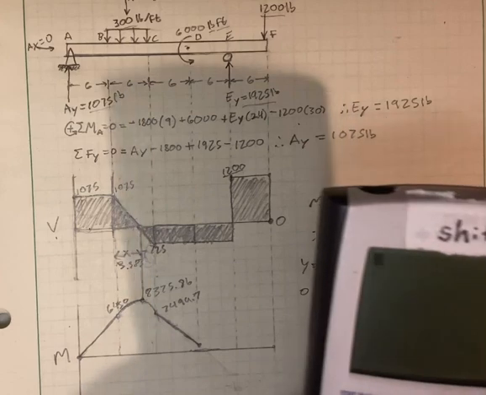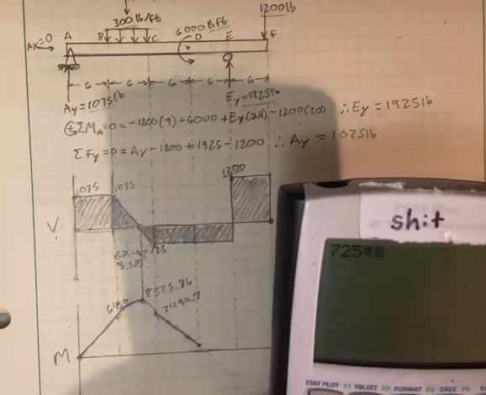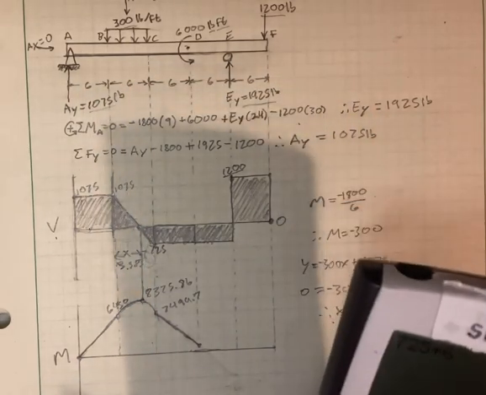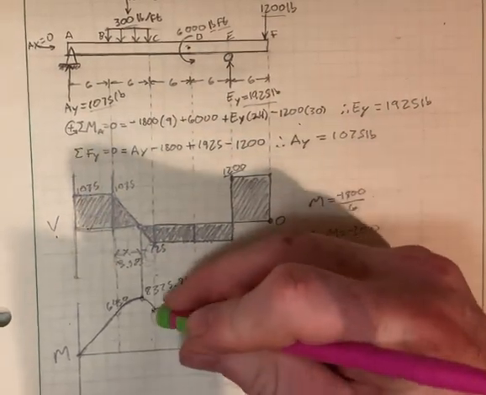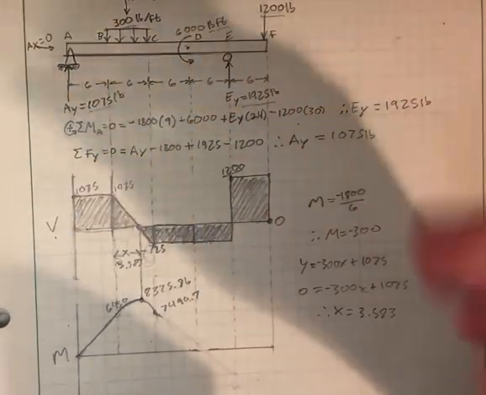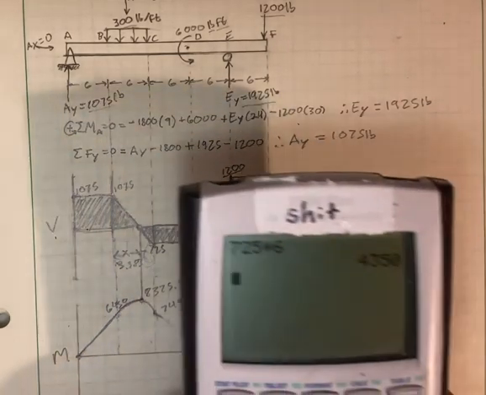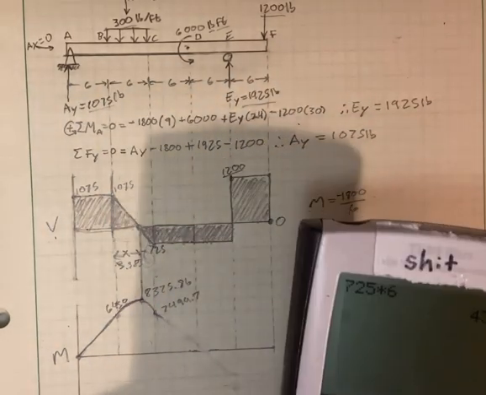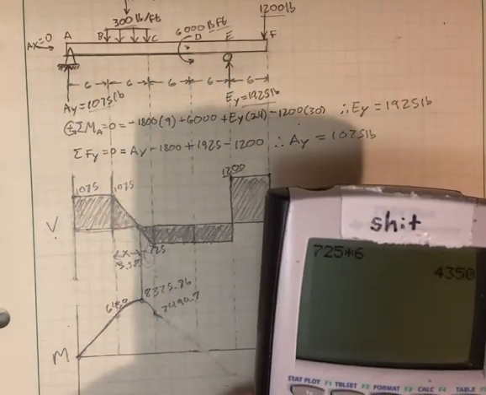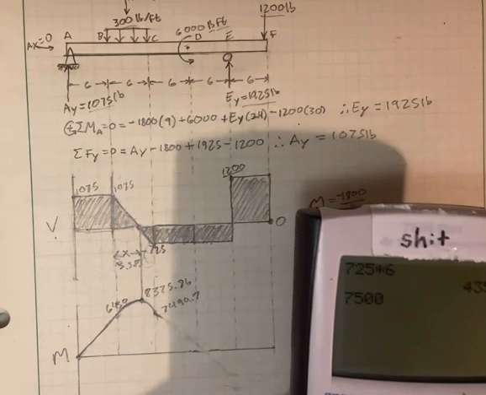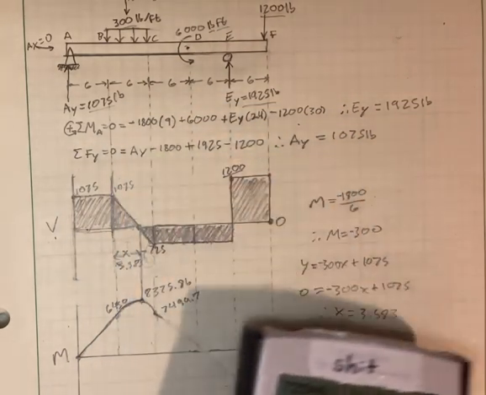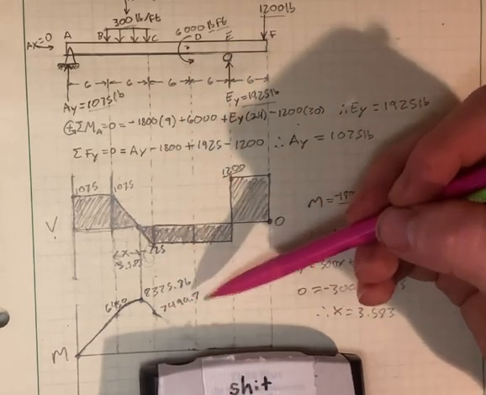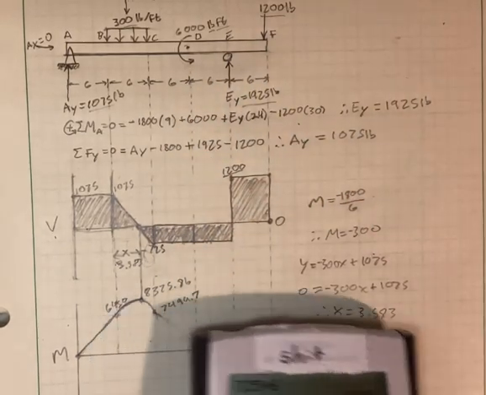That's going to be 725 times 6, which is 4350. That's the amount that we're going down from 7499.7. I'm just going to round that up to 7,500, right? Does that make sense? 7499.7 to 7,500.